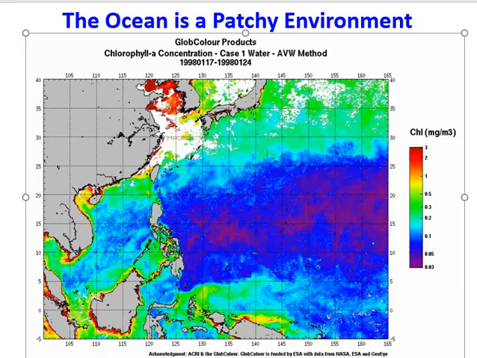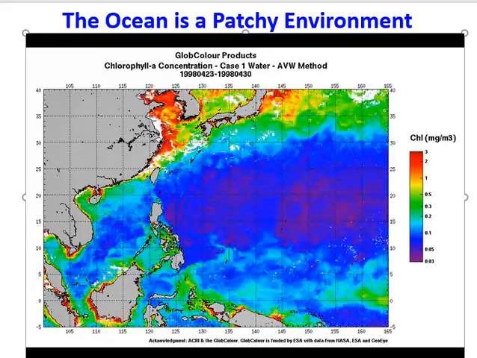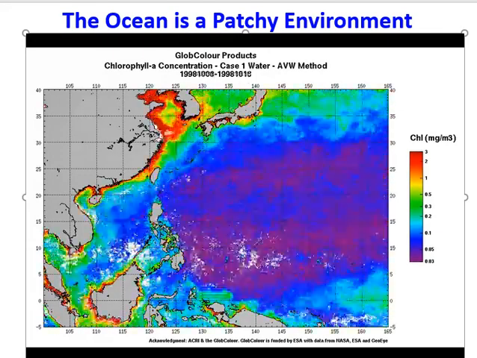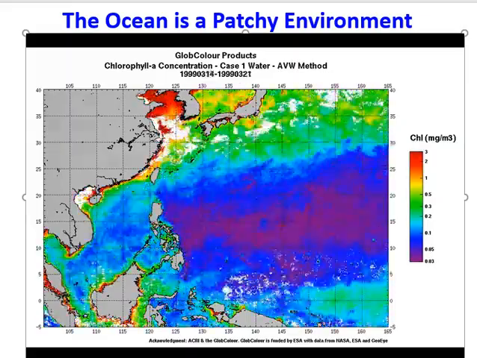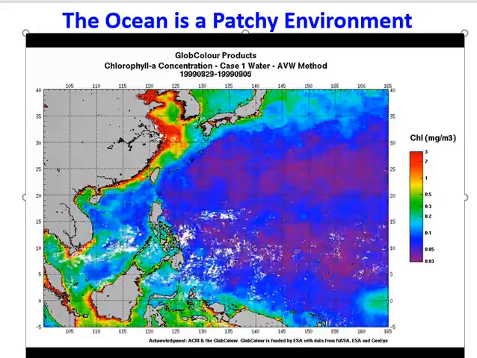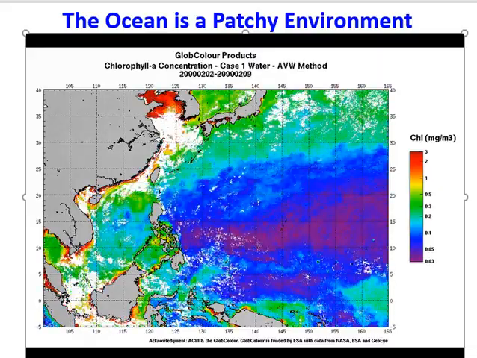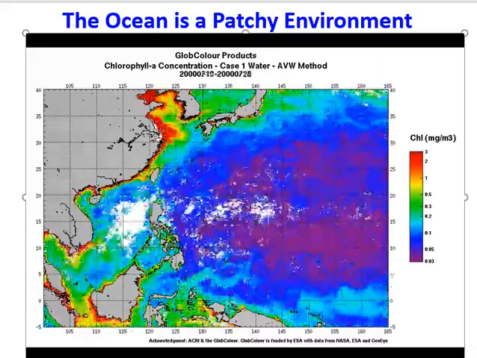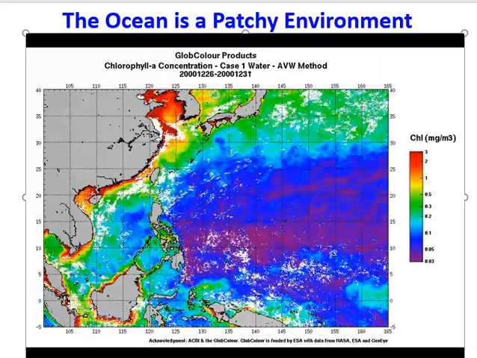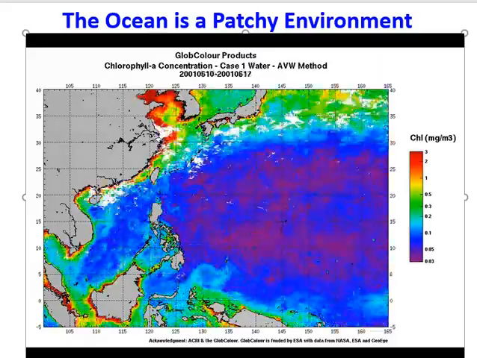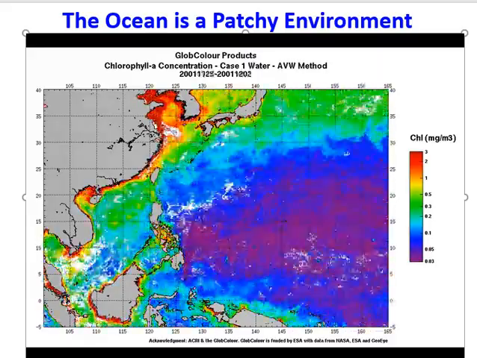As you watch this, the red areas are highly productive. There's a lot of photosynthesis taking place. That is eventually going to translate its way all the way up to relatively large organisms like whales or the sharks that I'm going to be talking about.